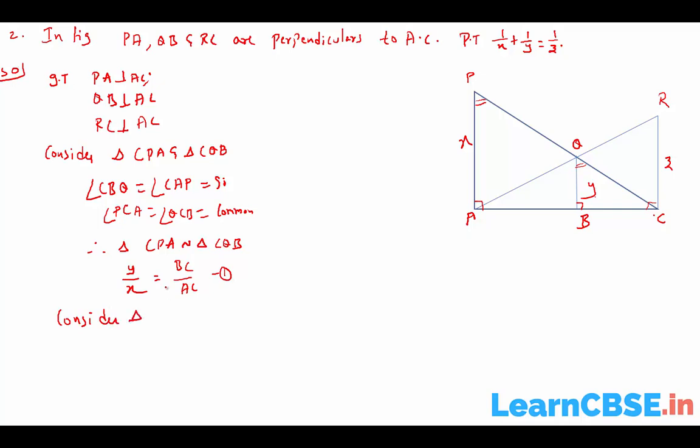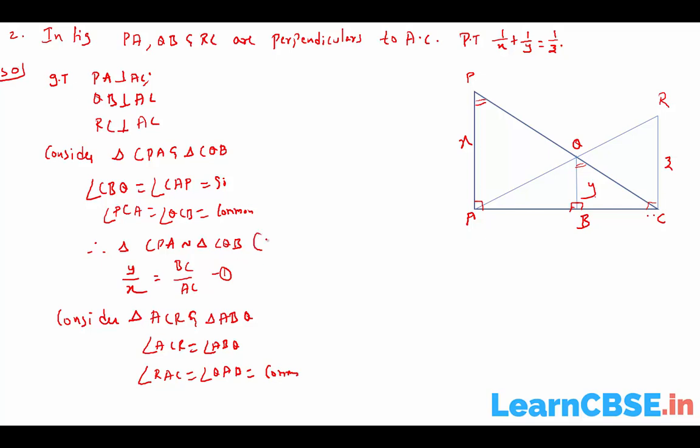Consider triangle ACR and triangle ABQ. Again angle ACR equals angle ABQ, 90 because perpendicular, and angle RAC equals angle QAB, common angle.